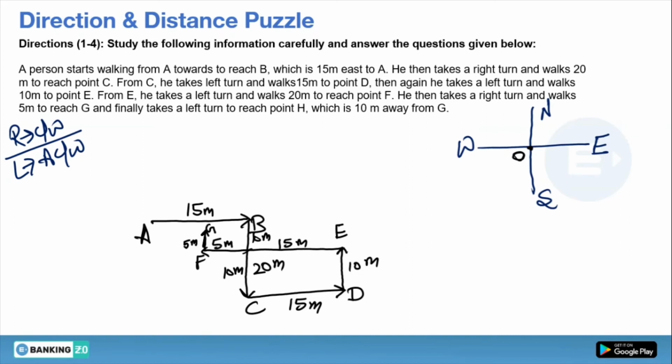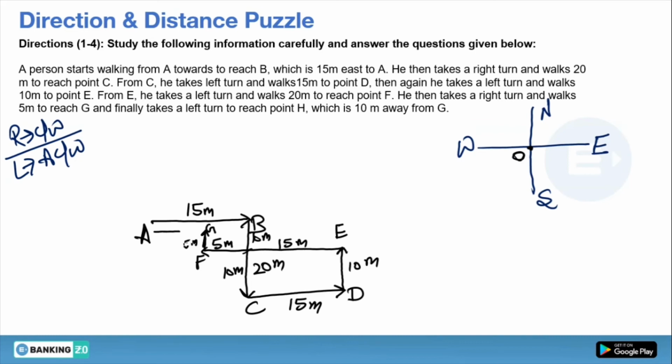And finally he takes a left turn to reach the point H, which is 10 meter away from G. From G, left side will be anti-clockwise and he is moving 10 meter away. So we have covered 5 meter over here. We are covering 5 meter of A and B, and the total distance of A and B is 15 meter. So 10 meter is left.